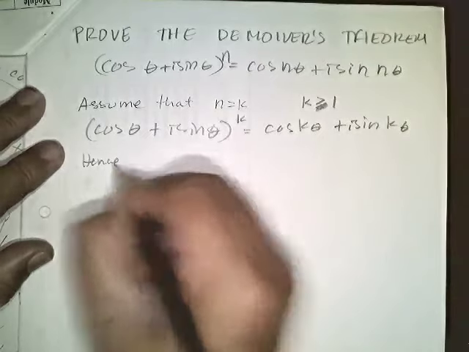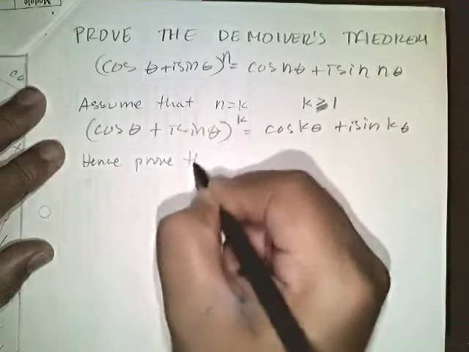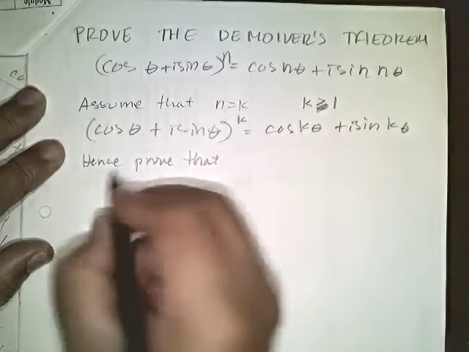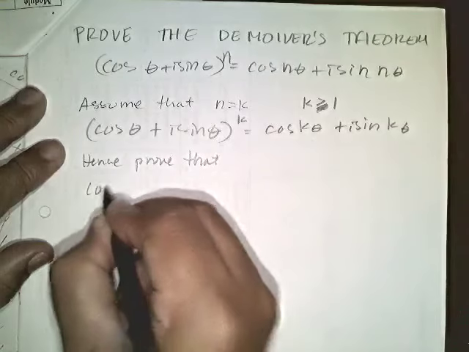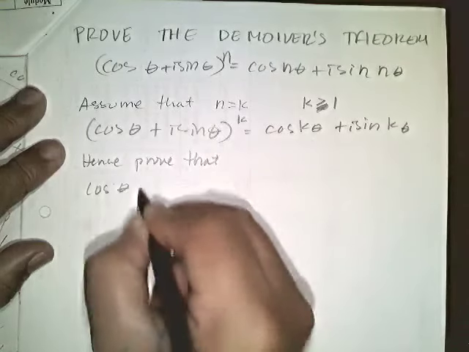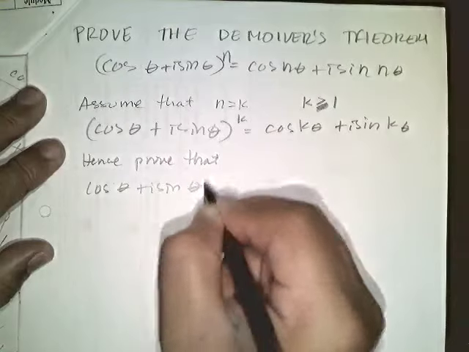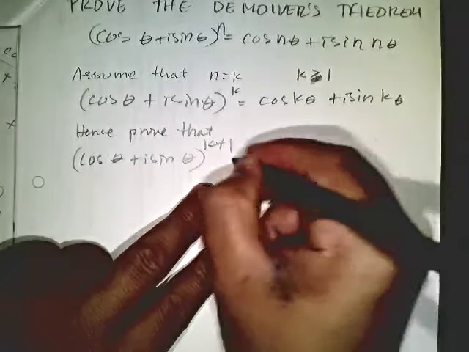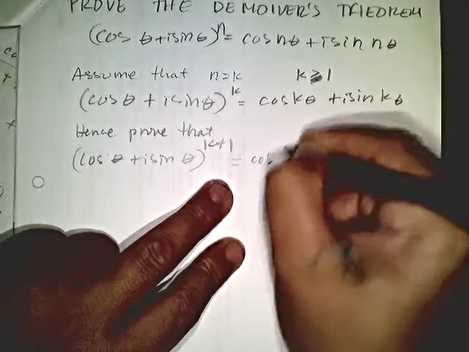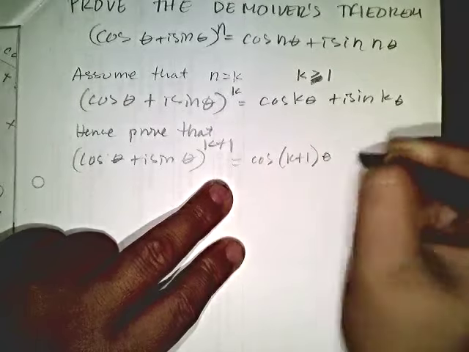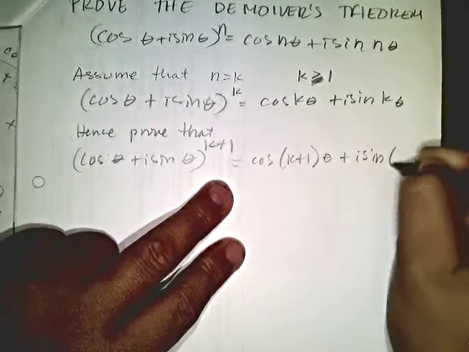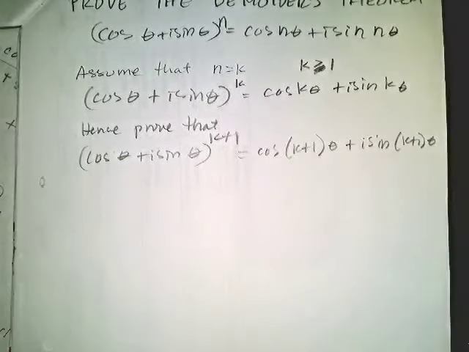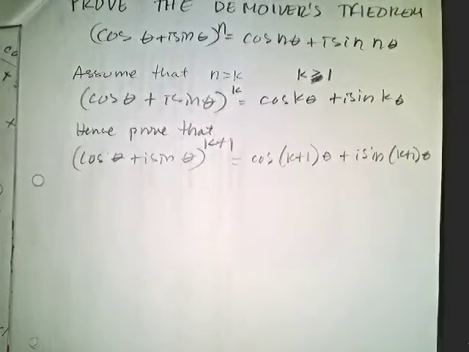Hence, we must prove that (cosine of theta plus i sine of theta) to the k plus 1 will be equal to cosine of k plus 1 theta plus i sine of k plus 1 theta.